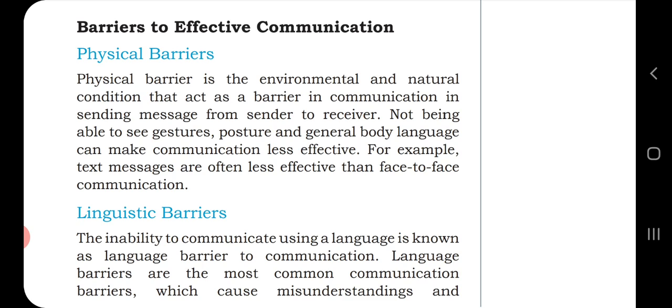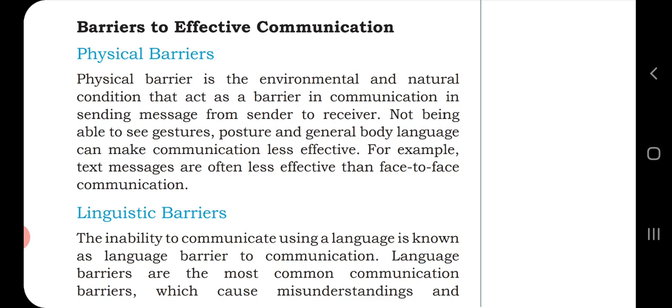Another example, if wind starts blowing and there is no electricity and the person is not able to use a mic, and if he is only speaking with his mouth with no mic, then the students will not be able to listen. He will not be audible to the students. So in that way, this is also an example of physical barrier.